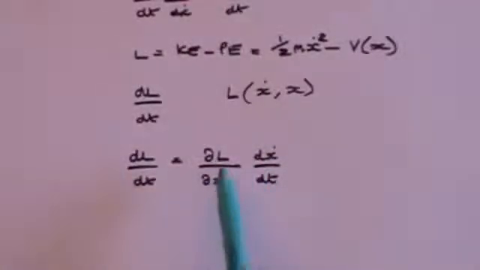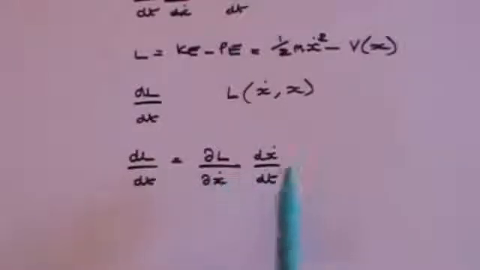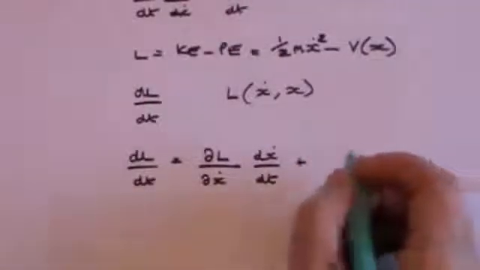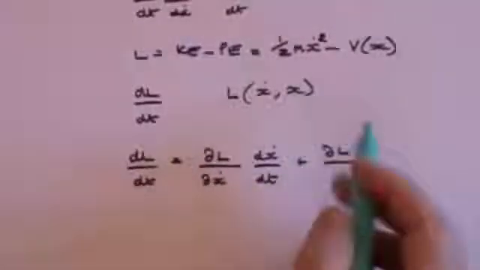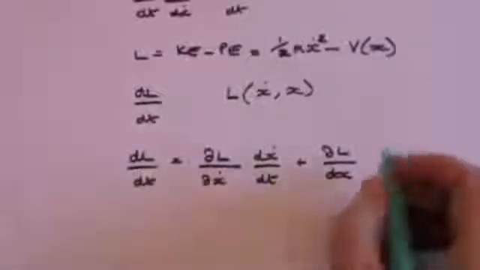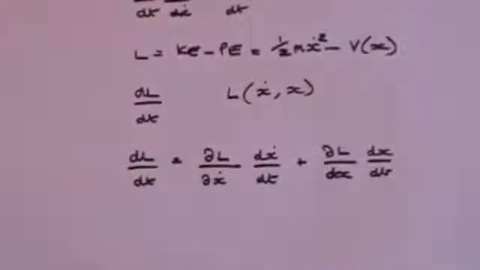So it's the partial derivative of L with respect to x dot, multiplied by the way in which x dot varies with time, and you add to that the partial derivative of the Lagrangian with respect to the second variable, x, and you multiply that by the way in which that variable varies with time.